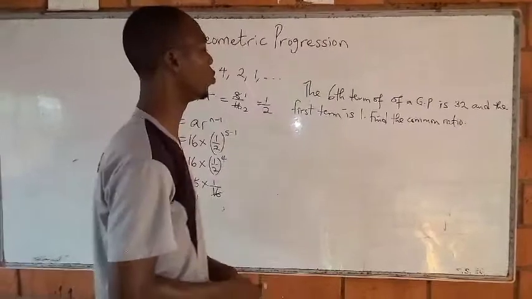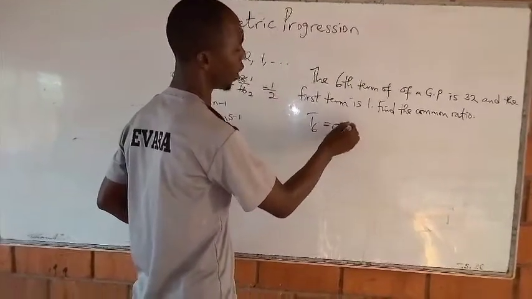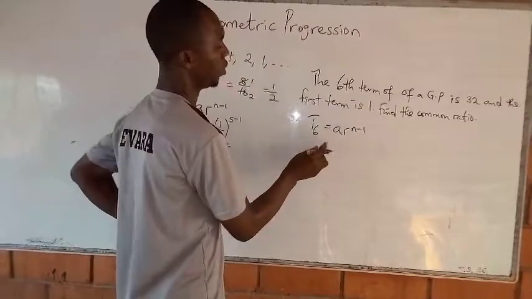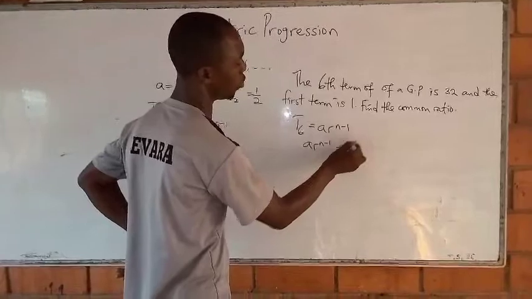Find the common ratio. The sixth term, T6, is ARn minus 1. So we are told that ARn minus 1 equals 32.